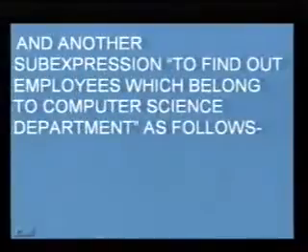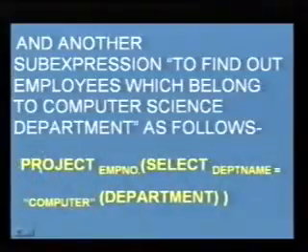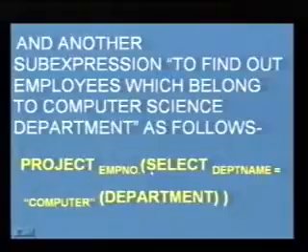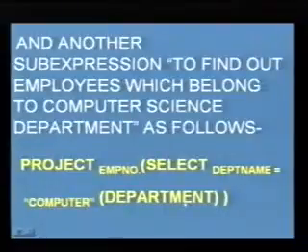We will also create another sub-expression to find out the employees who belong to computer science department as follows. That is, project employee number, bracket, select department name is equal to computer, followed by the name of the relation, that is department, in parentheses.